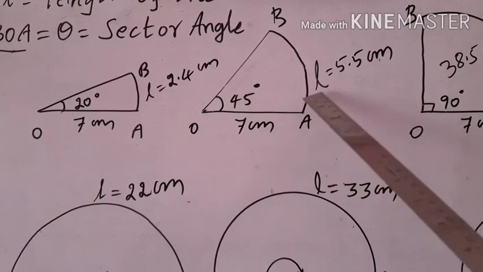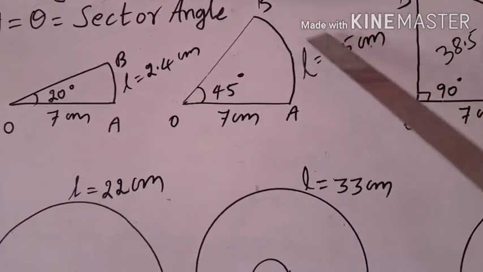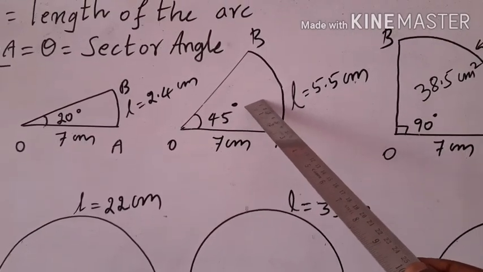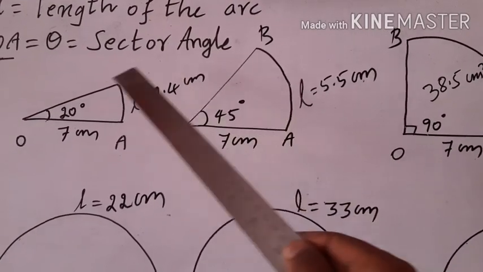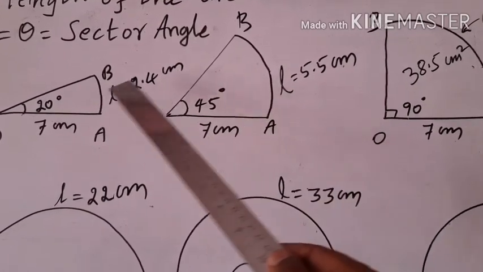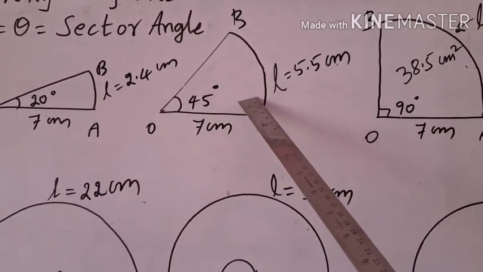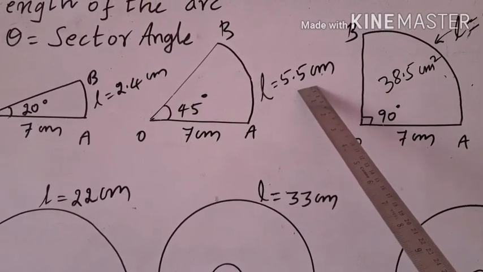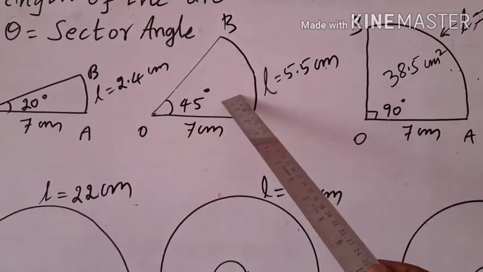That is why there is an increase in the length of the arc, and that is why there is an increase in the area of the sector. So, by comparing these two sectors, we conclude that as the central angle increases, the length of the arc of the sector increases, and hence the area also increases.